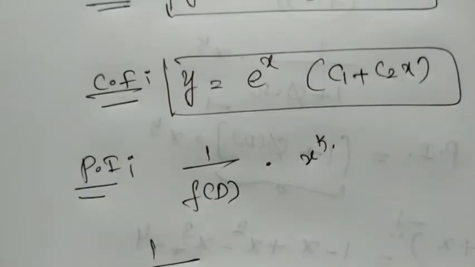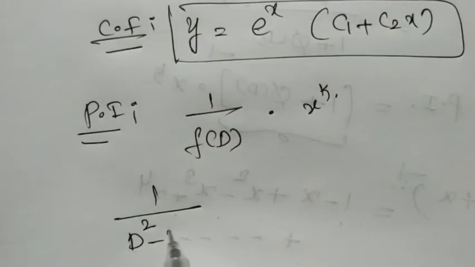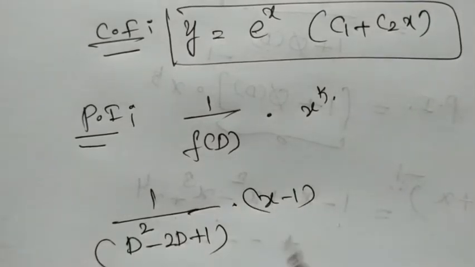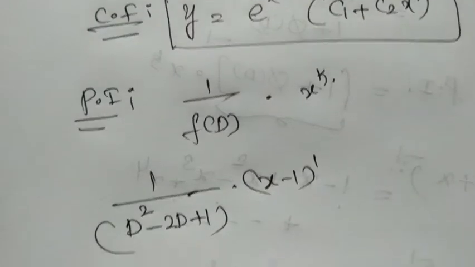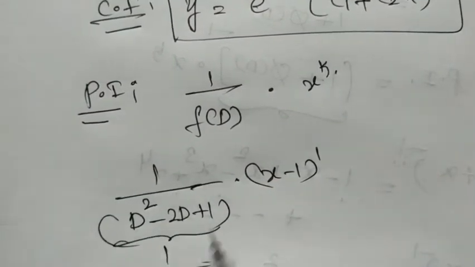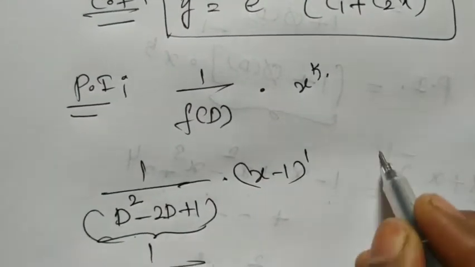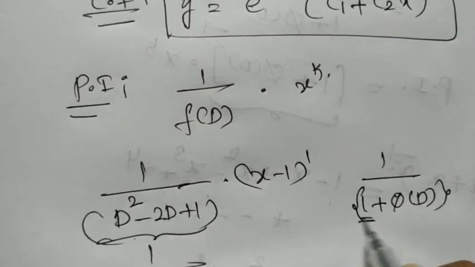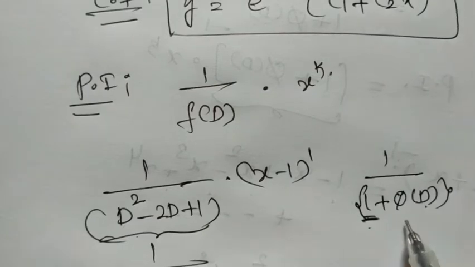So 1 by f(D), that is 1 by (D square minus 2D plus 1), into x minus 1 whole power 1. Here 1 by f(D) can be written as 1 by (1 plus phi(D)).